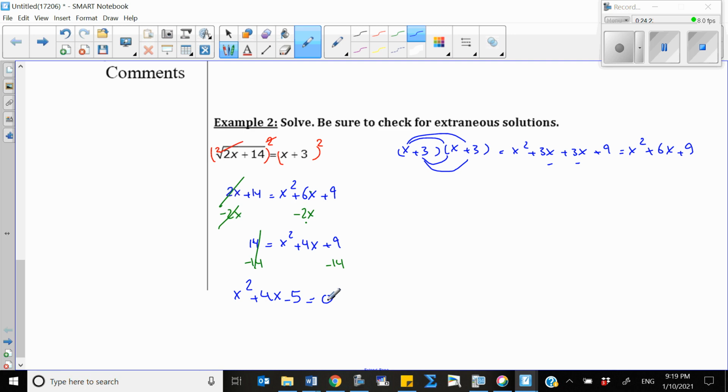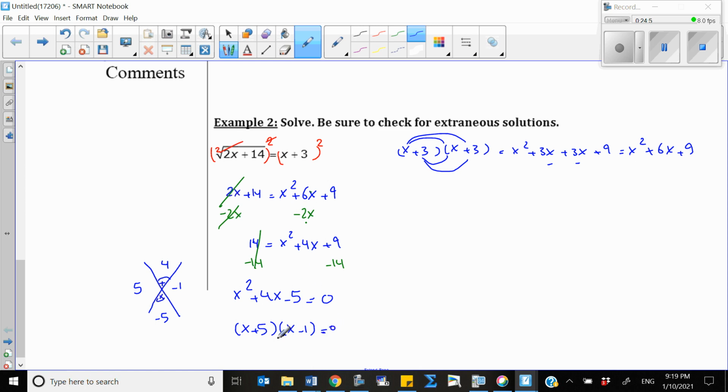I can easily solve this by factoring that. So use the big X here. Two numbers that if you add them, you get 4, and if you multiply them, you get negative 5. What are those two numbers? They are 5 and negative 1. So this is equal to x plus 5 times x minus 1 equal to 0.